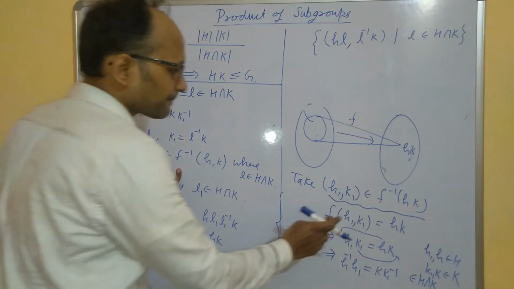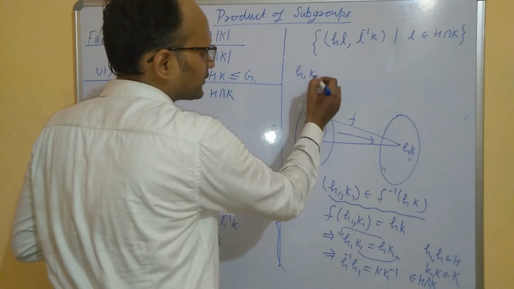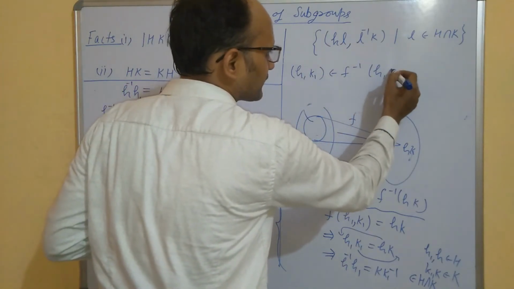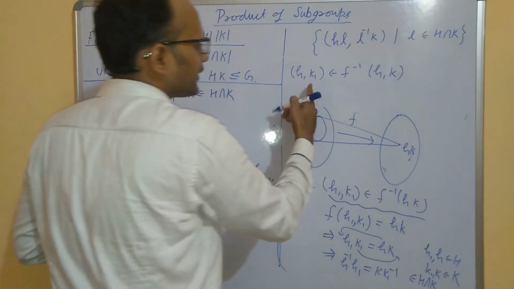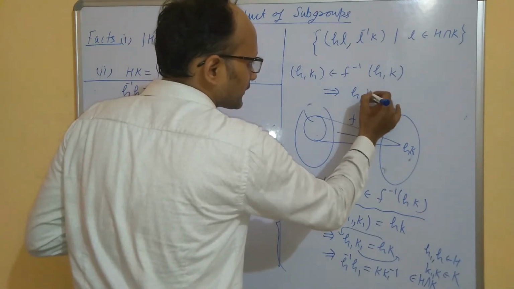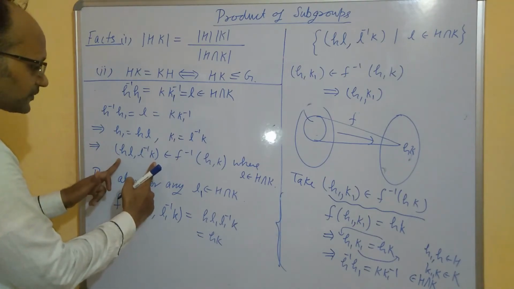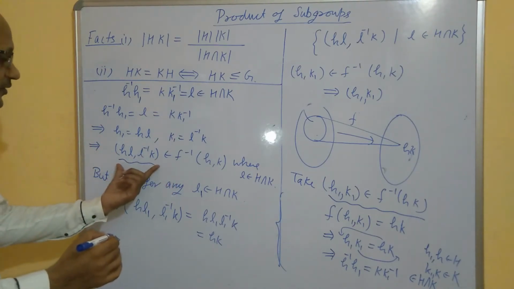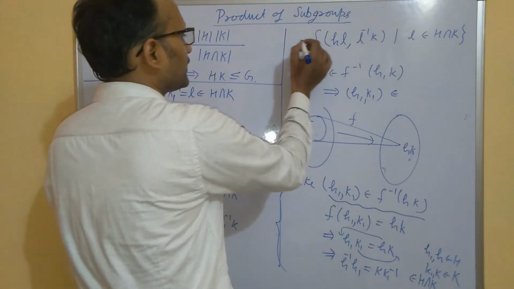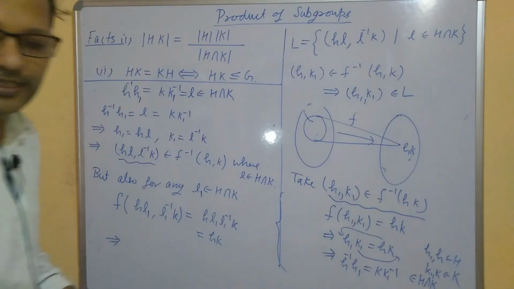One thing is that if I take one h1 k1 in F inverse of hk, then as we have seen here, this h1 k1 is of this form, h1 k1 is equal to this element. So this h1 k1 belongs to, let me give some name for this set, let me call it L.